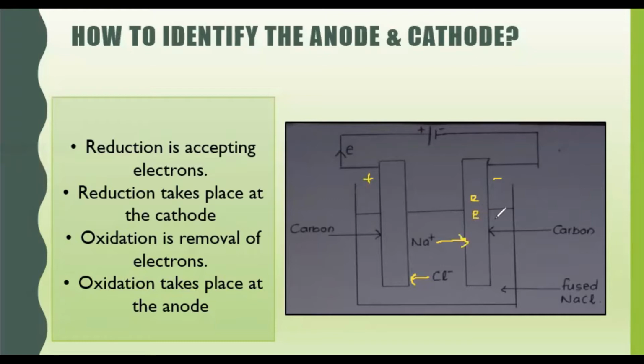Okay, electrons will get embedded in this carbon rod. Now what does this Na+ ion do? It will combine with one of these electrons and it will form sodium. Let's see the equations in the next one.